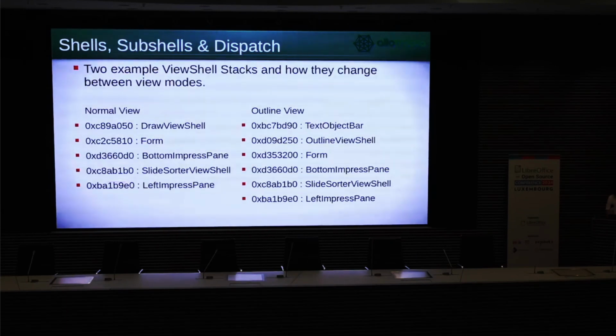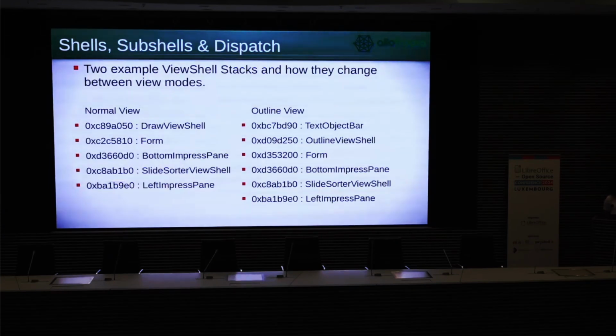If you look at two example view shell stacks and how they change between view modes, you can get an idea of it. For instance, on the normal view, the view shell stack looks like this, starting with the draw view and going down to left Impress pane, which is this anchor I was talking about. If you change it to outline view, instead of the draw view shell on top, there will be an outline view shell and a text object bar accompanying it.